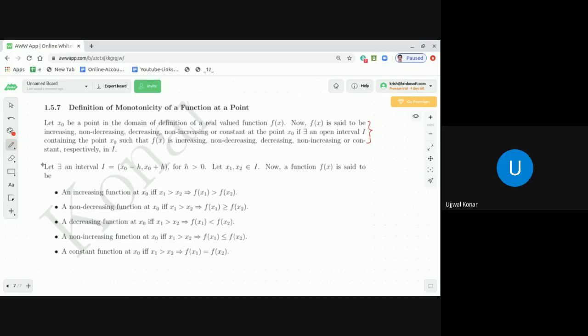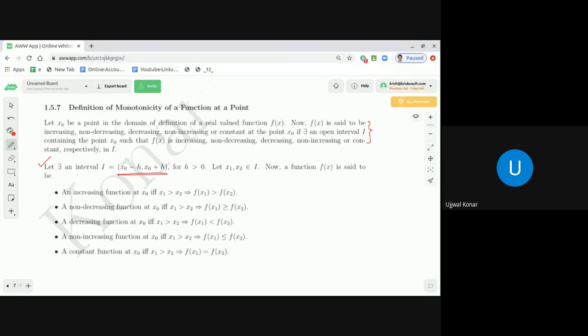So let there exist an interval I, (x0 minus h, x0 plus h). This is an open interval because it has open brackets, and it is surrounded by x0.